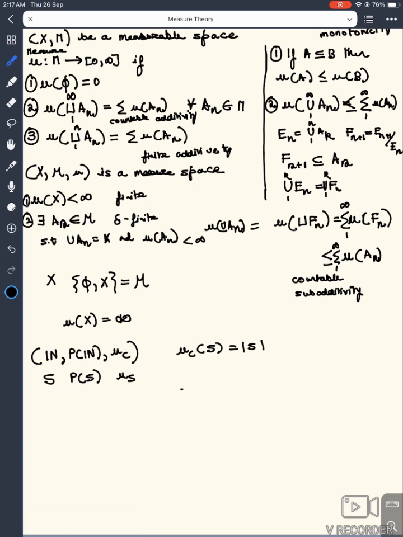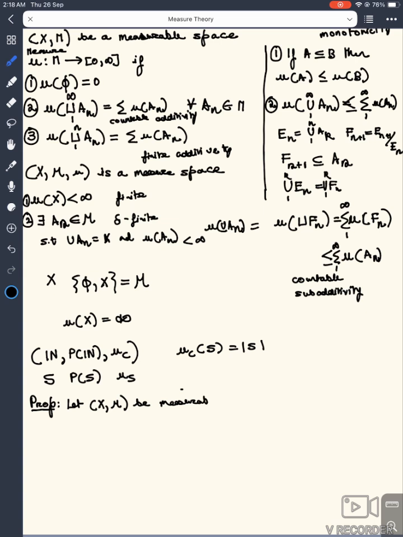And you can easily see that this is a measure, because if you take a countable disjoint union, if any of them is infinite, then both the right side and left side are infinite. And if all of them are finite, then it's just the sum. So yeah.